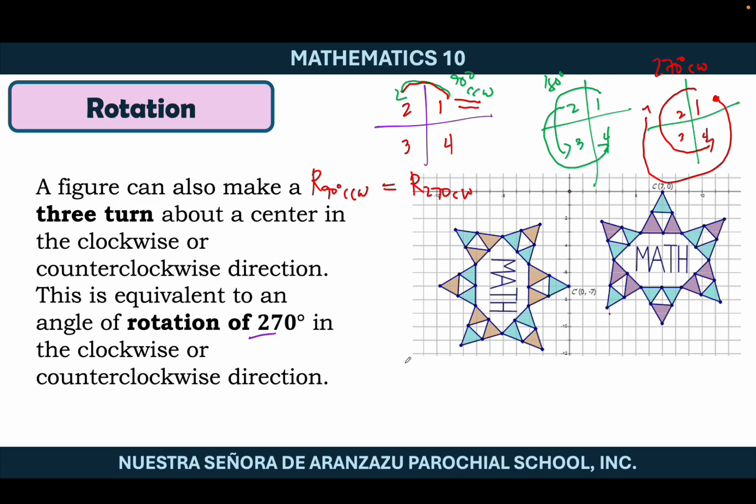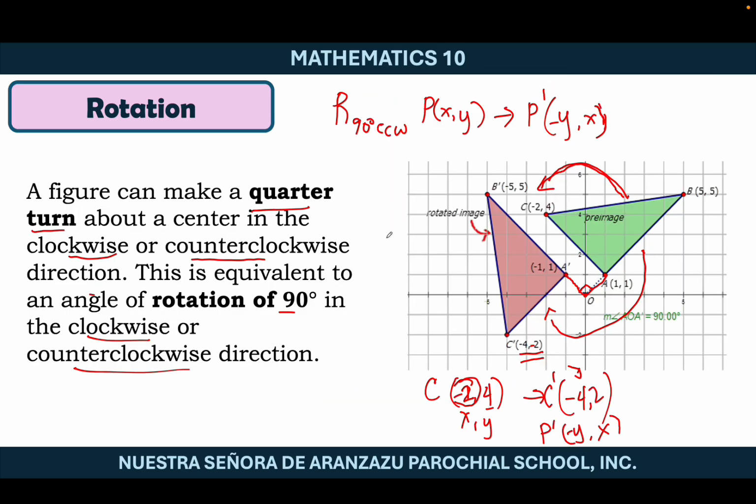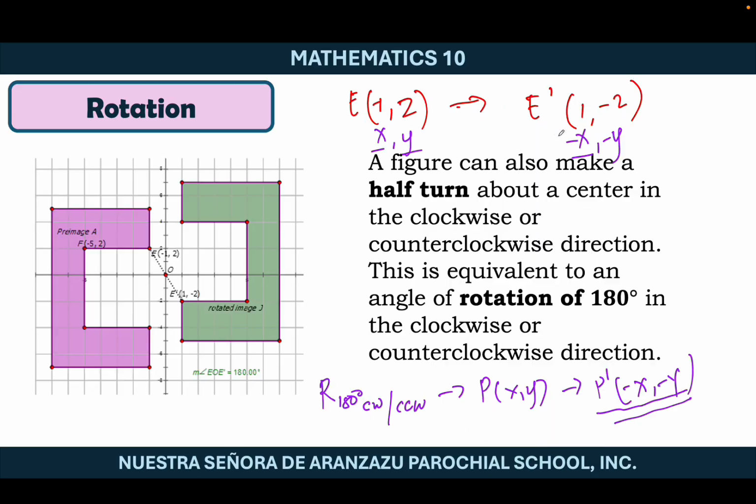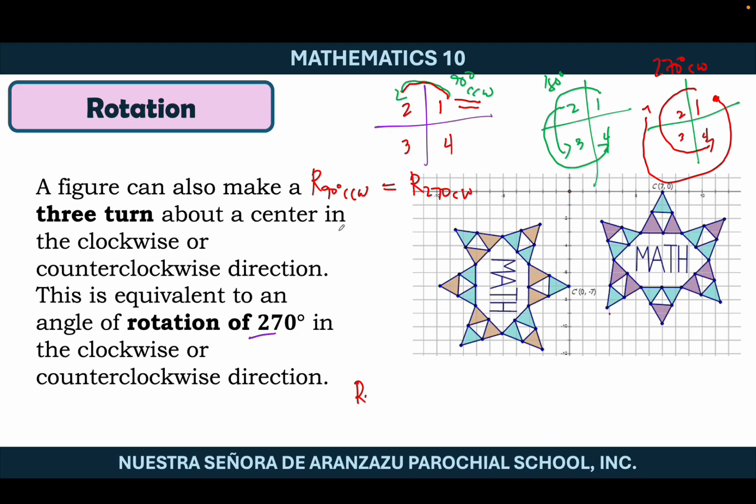So, same lang. Ano ba yung rule natin kanina sa 90 degrees counterclockwise and 270 degrees clockwise? Kung babalikan natin, sabi natin dun kanina, the given point x, y becomes negative y, x. Okay? So, we switch their position. The given x, y becomes y, x. Then, change the sign of your y.